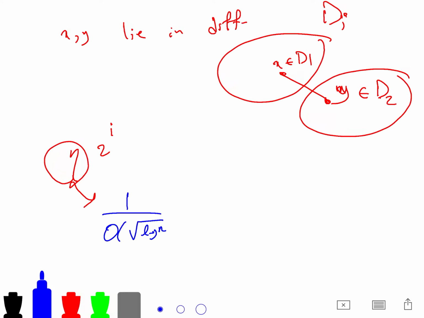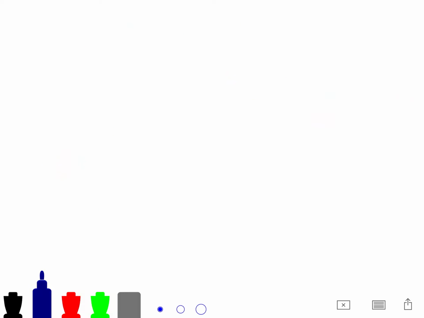Other points are not interesting for us. And so to get an embedding, we want a partitioning that separates a random constant fraction of pairs in DI.